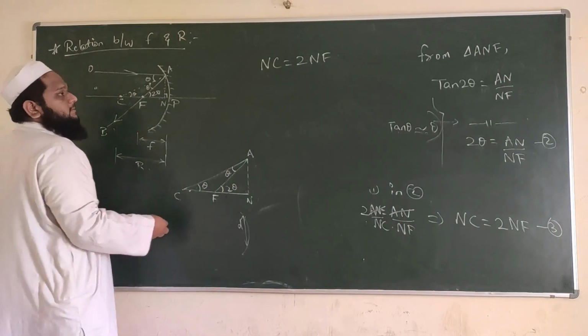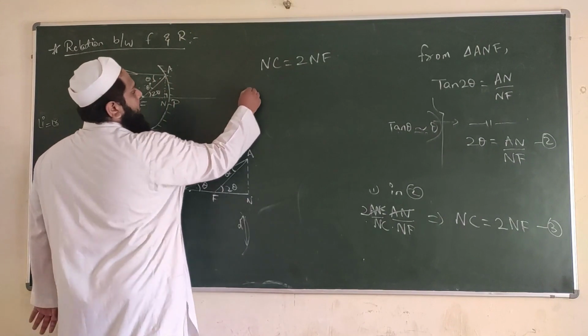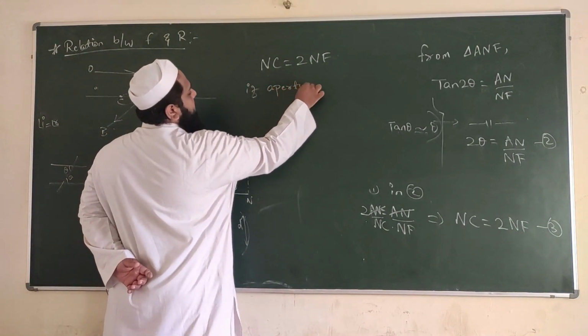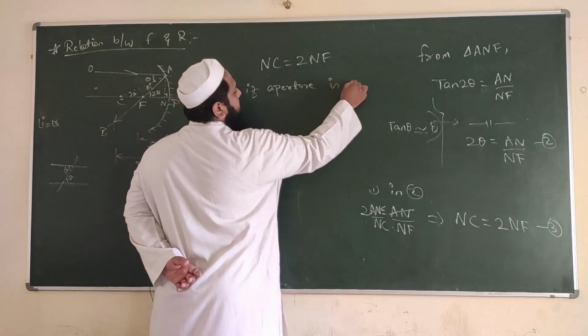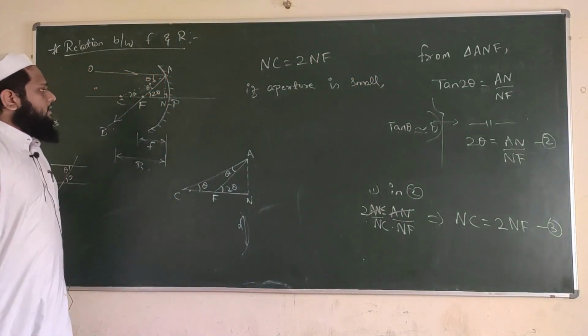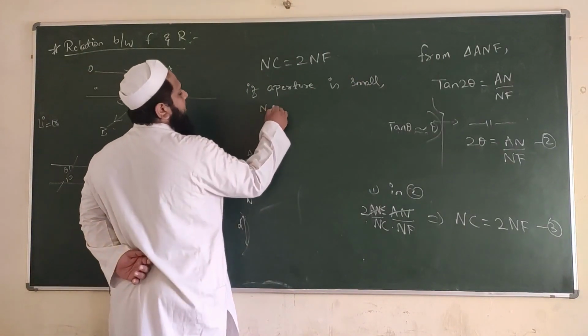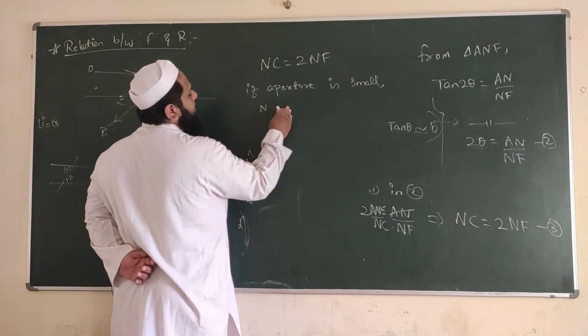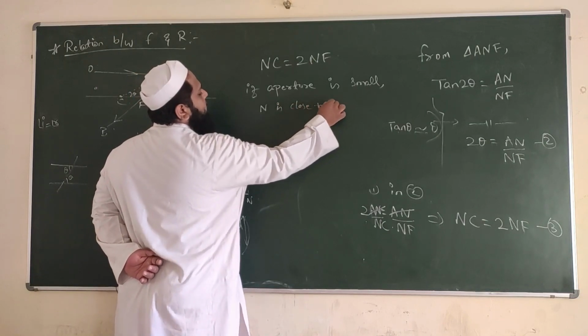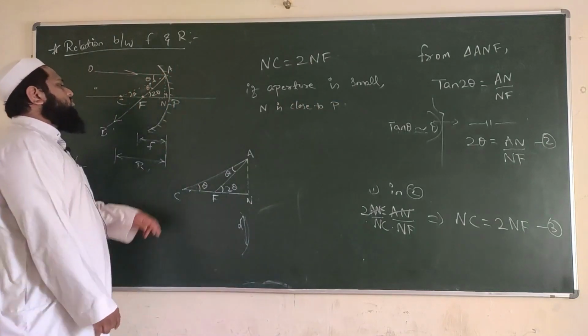So if aperture is small, I can write N is close to P. Why is N close to P?